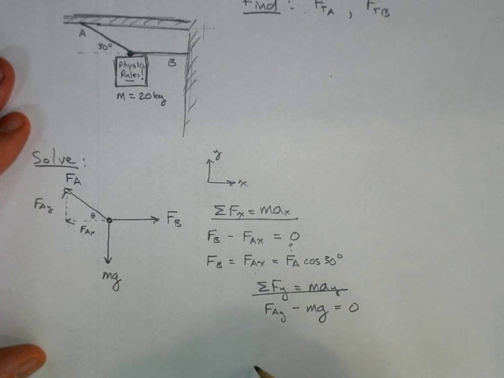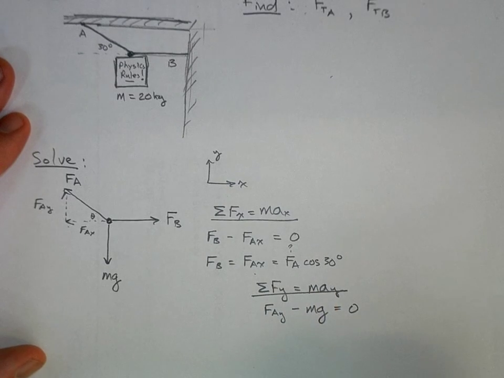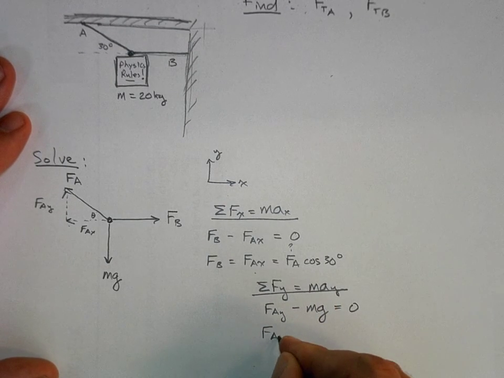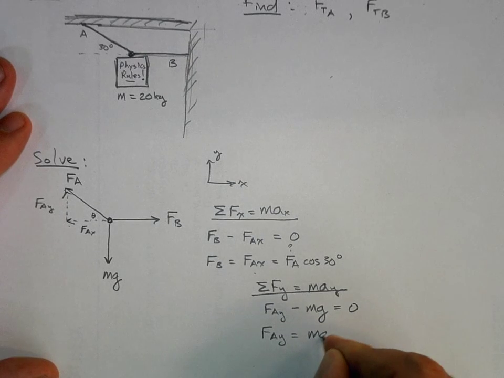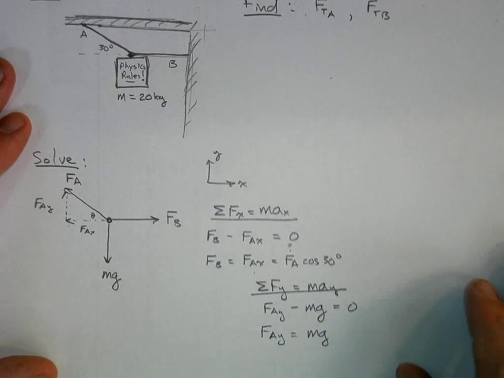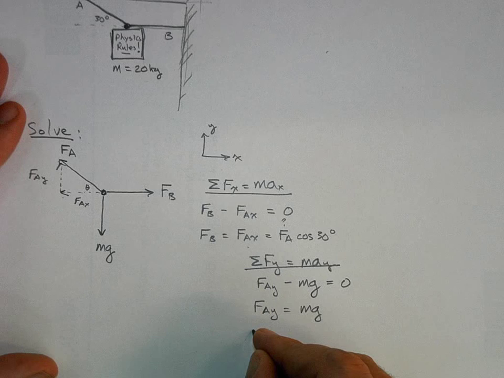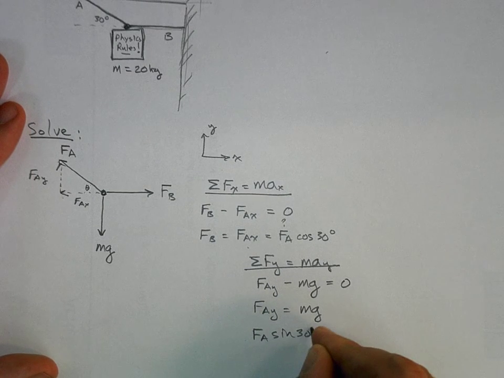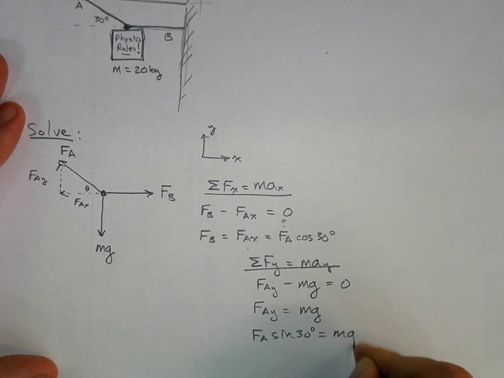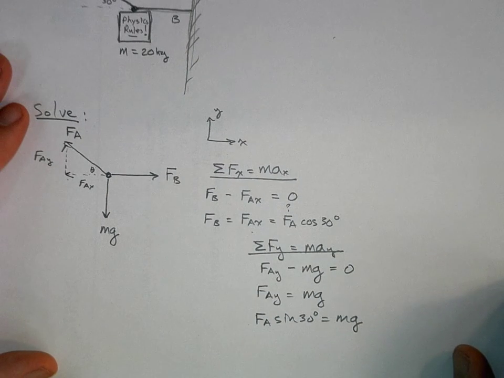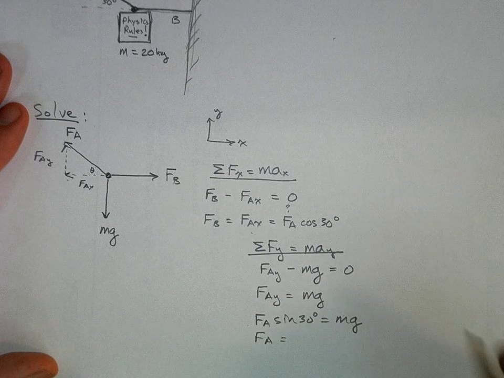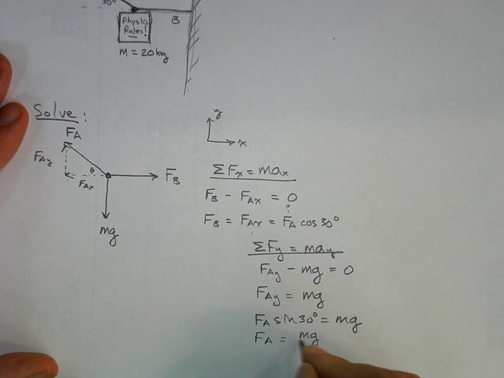That's all I've got, and there's no acceleration in this problem. So FA in the y is equal to mg. But FA in the y is FA sine of 30 degrees, so FA sine 30 degrees equals mg. So FA is going to be equal to mg divided by the sine of 30 degrees.